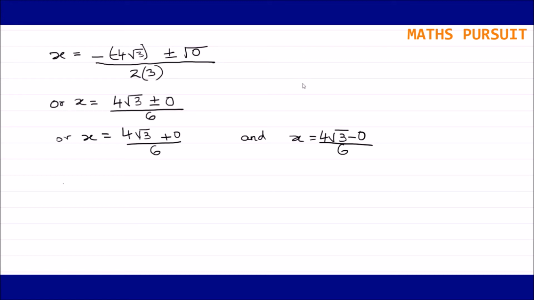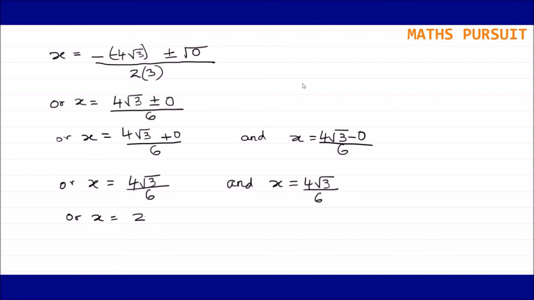Now after solving this further, we will get x is equal to 4 root 3 upon 6, and this one also x is equal to 4 root 3 upon 6. Now this 4 and this 2 can get cancelled out with 2, like 2 2s are 4, 2 3s are 6.